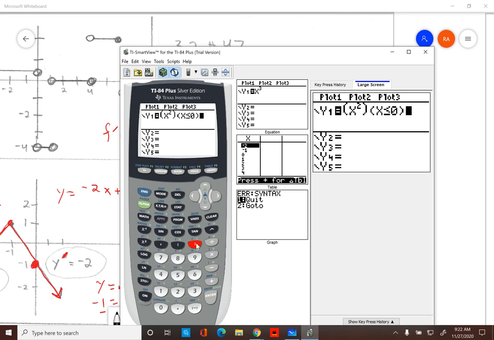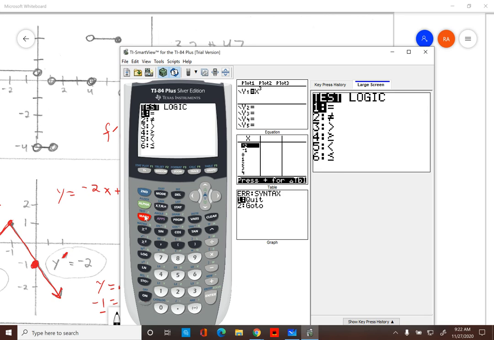So x squared, x is equal to plus the function 2x, x second test, and that's greater than 0.